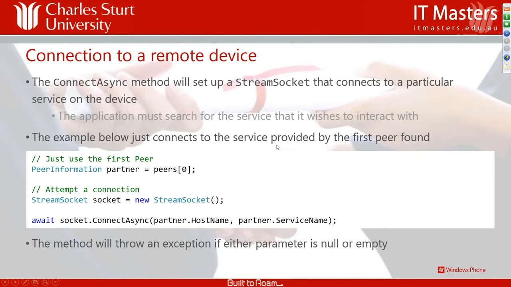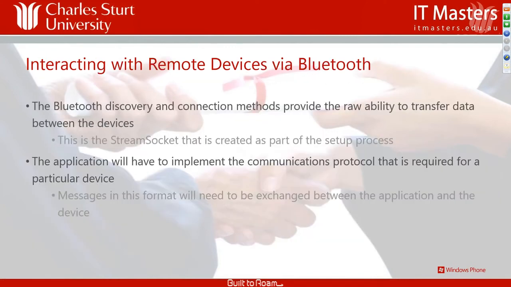The important thing to note is that when we're connecting to a peripheral, the data packets that need to flow between our application and that peripheral are completely up to the device manufacturer. So if you're going to be connecting to a headset or some other third-party peripheral, you need to get in contact with the manufacturer to determine what the syntax or bit structure is that it's going to accept in terms of communication.